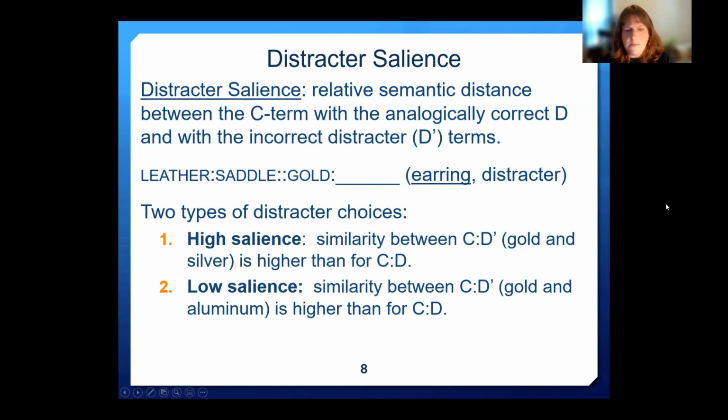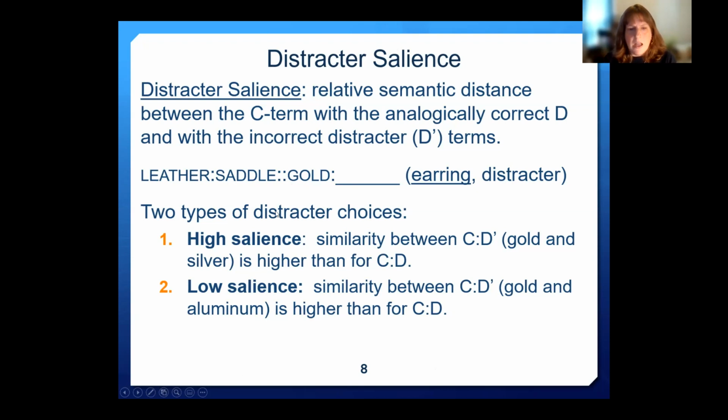With a low salience distractor term, the similarity between the incorrect distractor and the C term was less than that for the C term and the correct answer. So gold and aluminum had a further semantic distance, lower association in comparison to gold and earring.